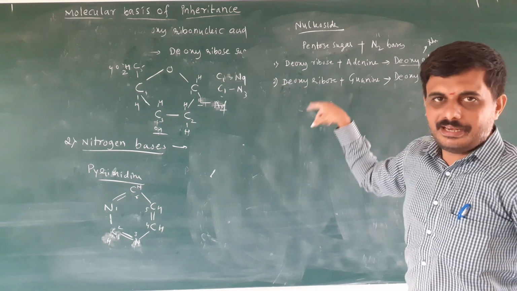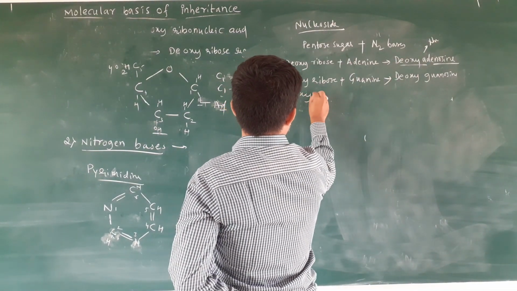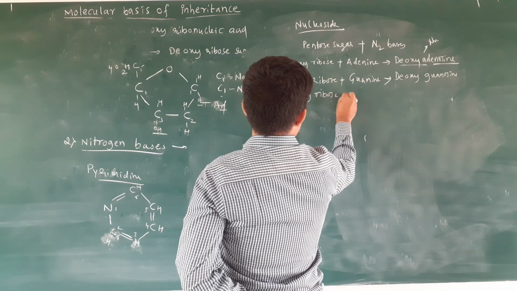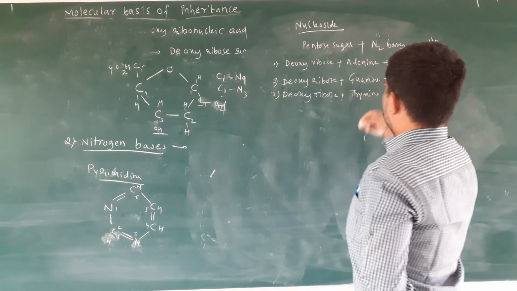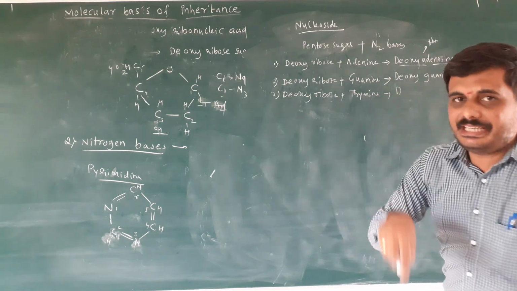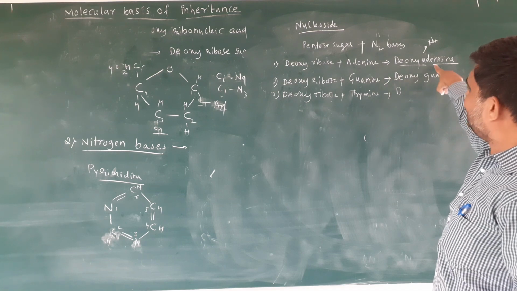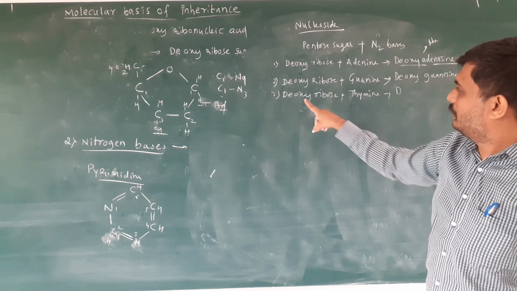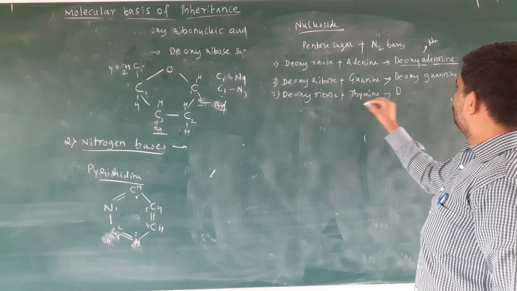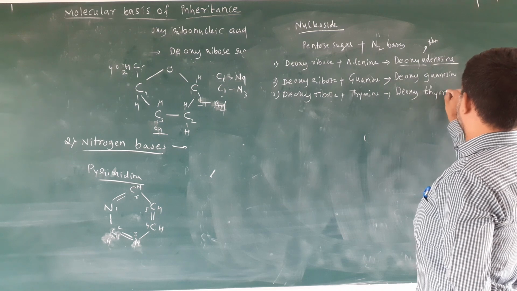In case of DNA, if deoxyribose sugar is attached to thymine, it is called deoxythymidine because it is a pyrimidine. Purines are called guanosine and adenosine.